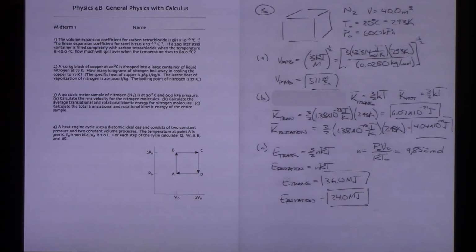So watch for this. If your numbers are way off, if the VRMS speeds that you're coming up with are really, really slow or really, really fast, go back and double check. Always ask yourself, does this make sense? The numbers that I'm coming up with.